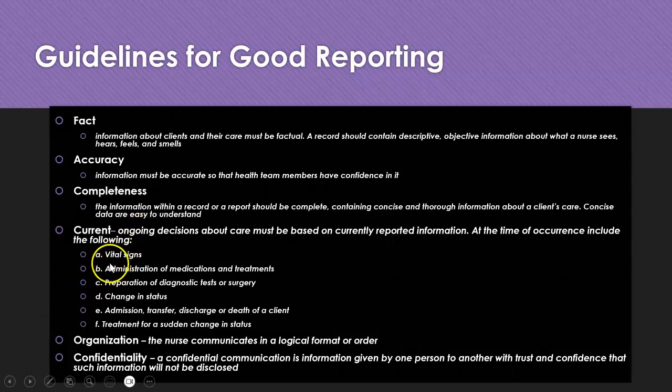So you're going to give the latest vital signs, any pertinent medication treatments, preparation for a diagnostic test or surgery, any change in status, admission, transfer, discharge, or even death of a client, and treatment for a sudden change in status. Organization: the nurse communicates in a logical format or order. And confidentiality: a confidential communication is information given by one person to another with trust and confidence that such information will not be disclosed.